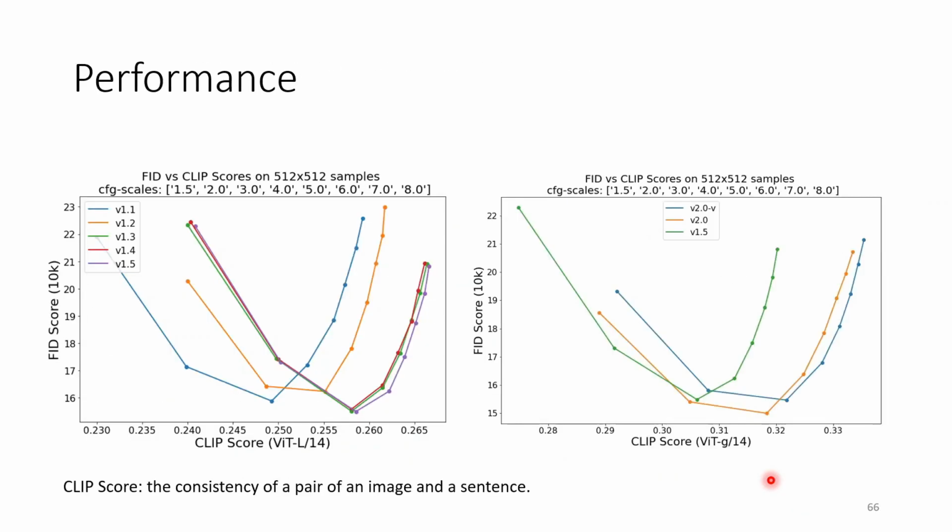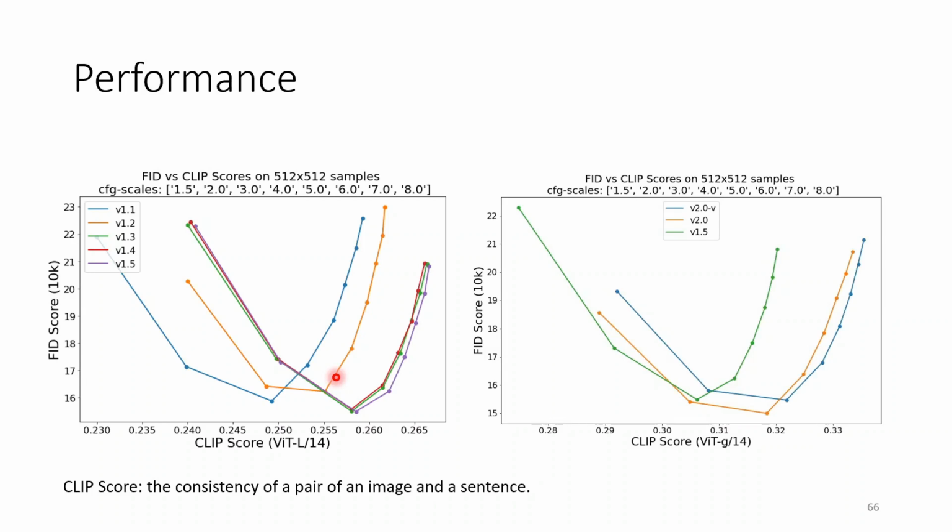And here what they want to show is this is an important parameter. Okay. And I remember some of you mentioned this parameter in your homework 4. If you set the guidance scale very large, you will generate oversaturated images.